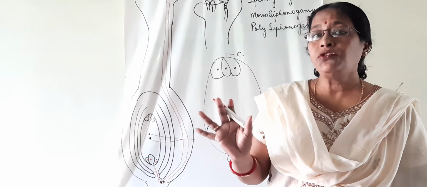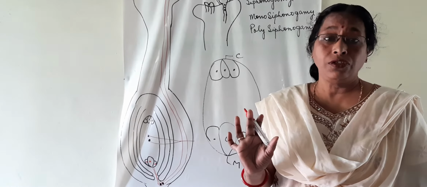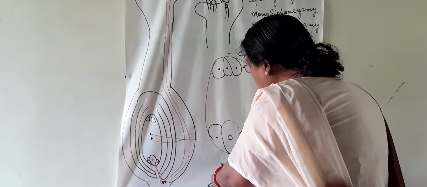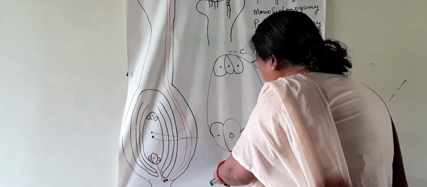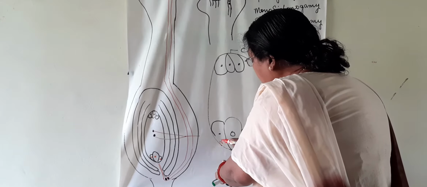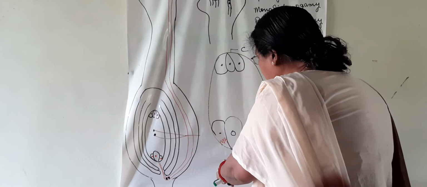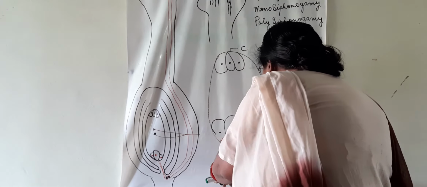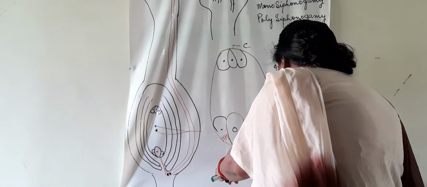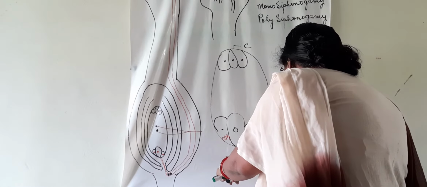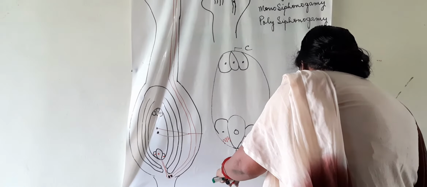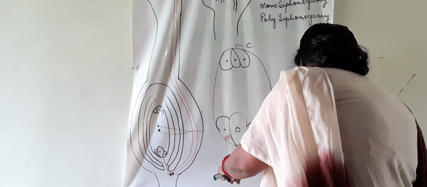One of the synergids will start disintegrating. Synergids have finger-like projections known as the filiform apparatus.